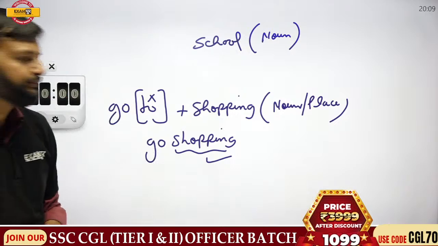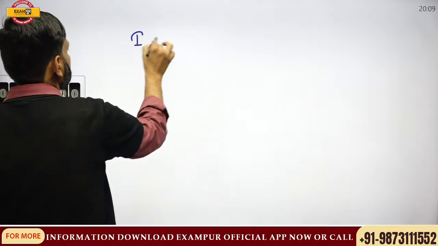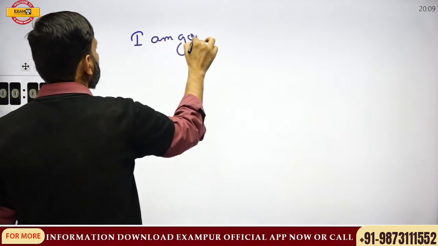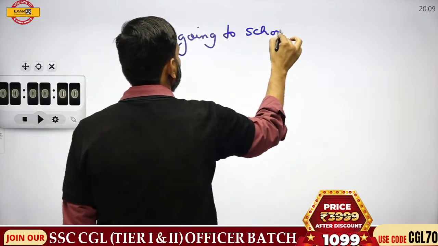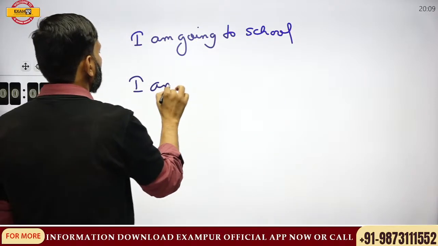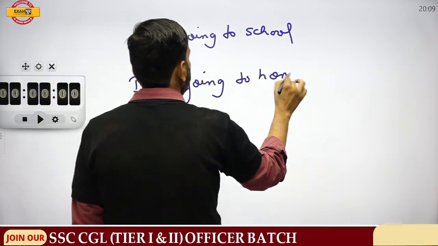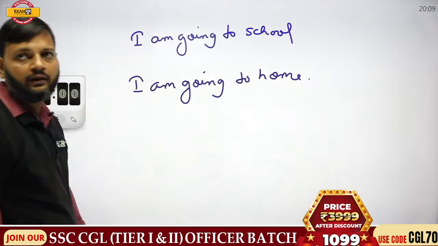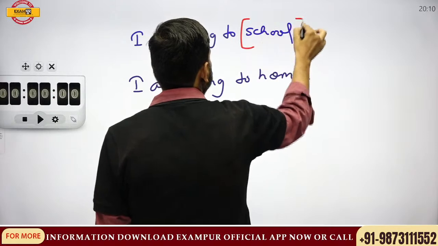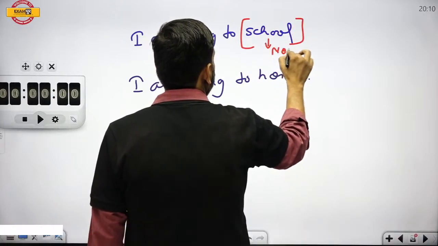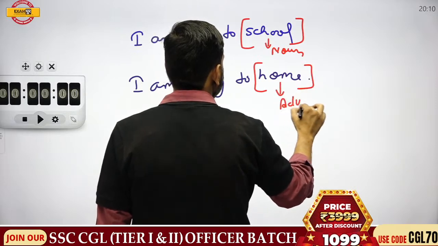For example, let me explain one more question. I am going to school. I am going to home. Now, here the word school is a noun, but the word home is an adverb of place.